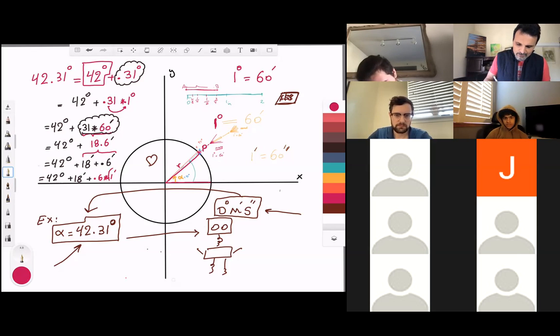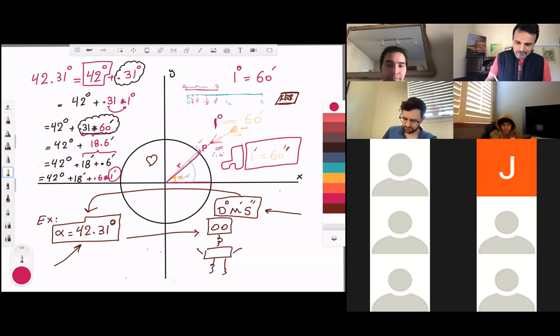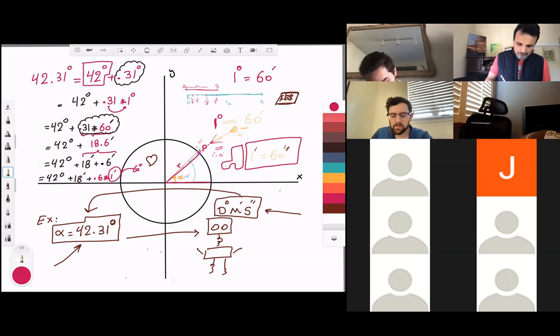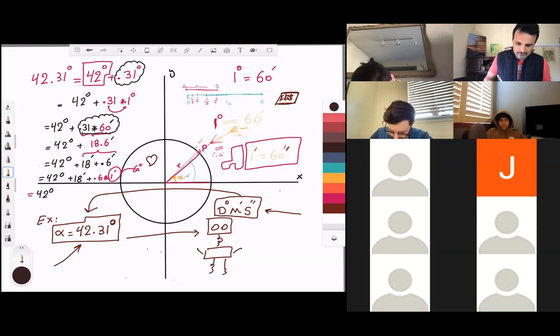What is 1 minute? We know 1 minute is 60 seconds. Good. So instead of 1 minute, I'm going to put 60 seconds. So we have 42 degrees plus 18 minutes plus 0.6 multiplied by 60 seconds.